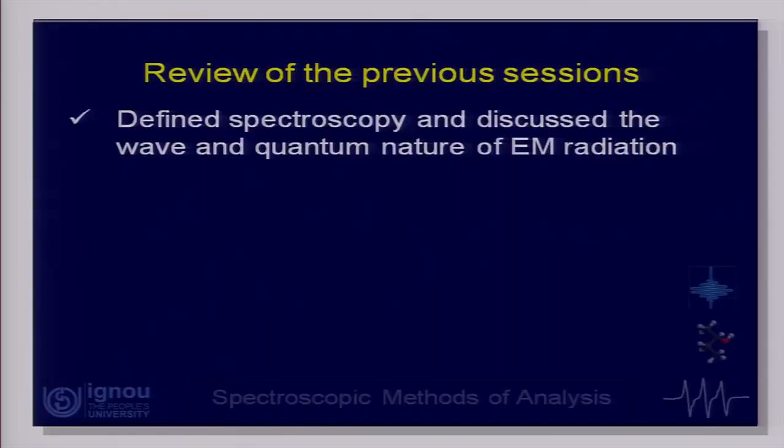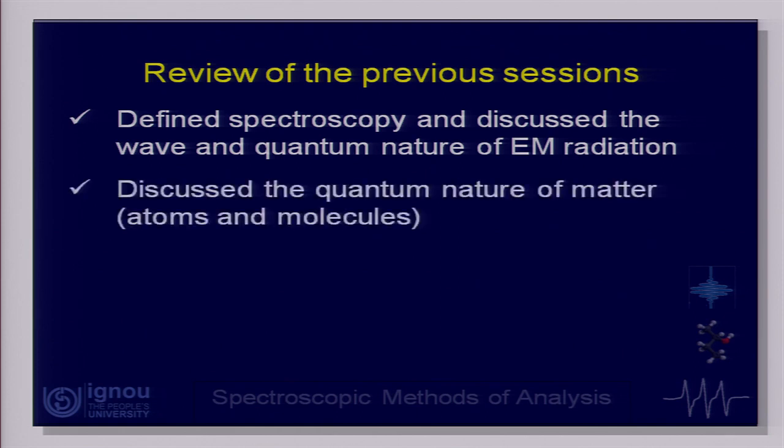Okay. Now, let us move further and start by recalling what we have done so far. We started by introducing the concept of spectroscopy and defined it to be the study of interaction of radiation and matter. Having done that, we moved on to talking about the nature and characteristics of the EM radiation, and then we moved on to discussing the nature of matter, that is atoms and molecules, because spectroscopy is the study of interaction of radiation and matter.